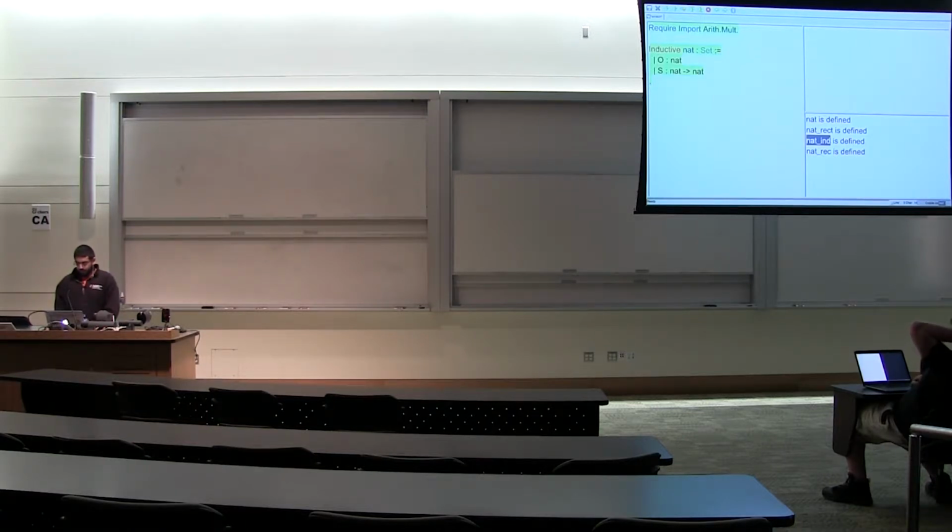Under the hood, when you do an inductive proof, it'll use this to create the proof term. I'm going to get rid of this because it's actually defined in Coq. Common syntax is like SML or OCaml.